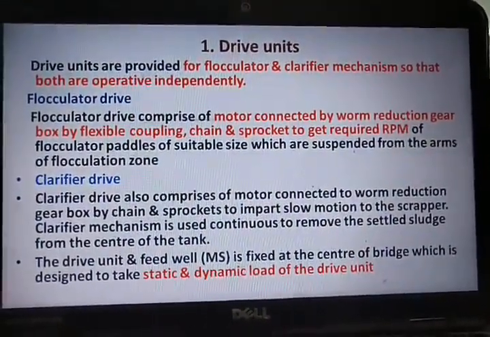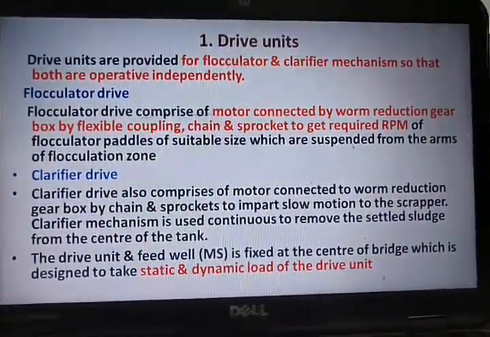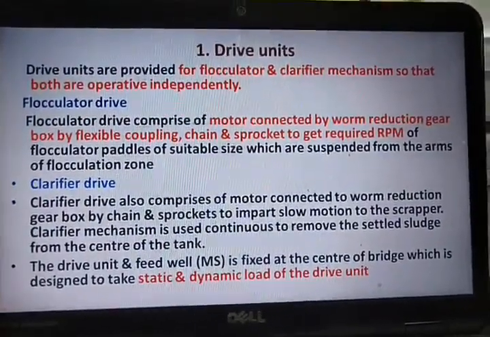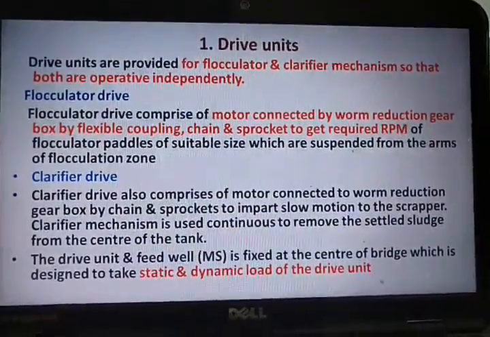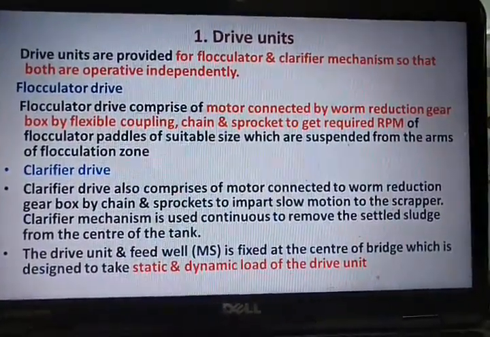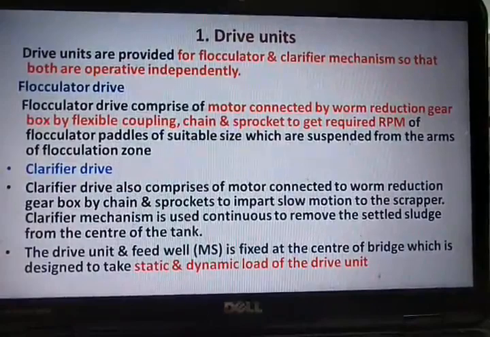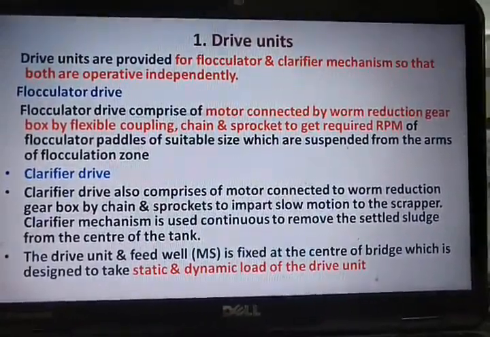One is the flocculator drive, which is connected by a worm reduction gear, flexible coupling, and chain and sprocket system to get the required RPM of flocculator paddles of suitable size, which are suspended from the arms in the flocculator zone.